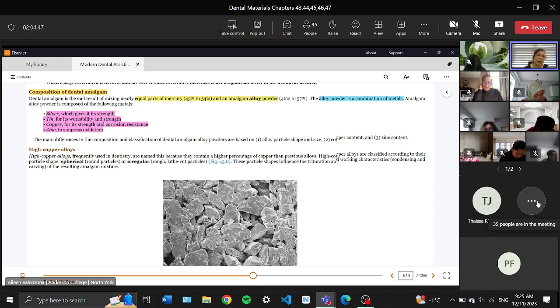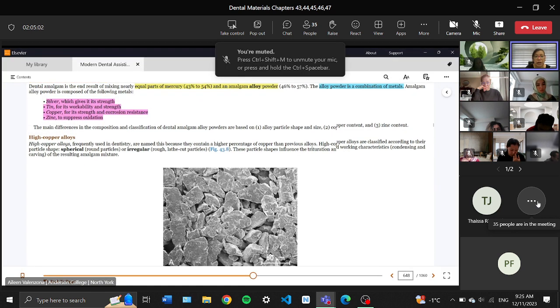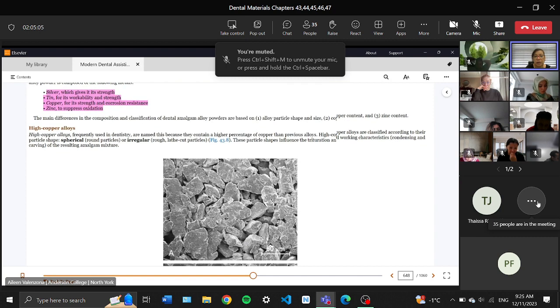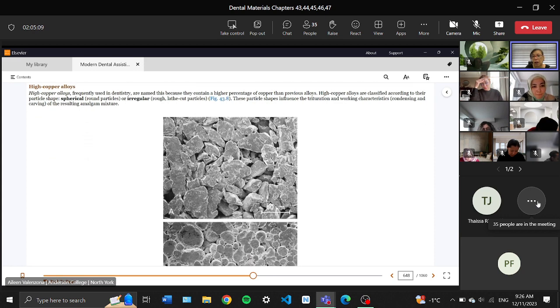The main differences in the composition and classification of amalgam alloy powder are base alloy, particle shape and size, copper content, and zinc content. High copper alloys, frequently used in dentistry, are named this because they contain a higher percentage of copper than previous alloys. High copper alloys are classified according to their particles: spherical, round particles, and irregular, rough, flat, lathe-cut particles, and these particle shapes influence the trituration.